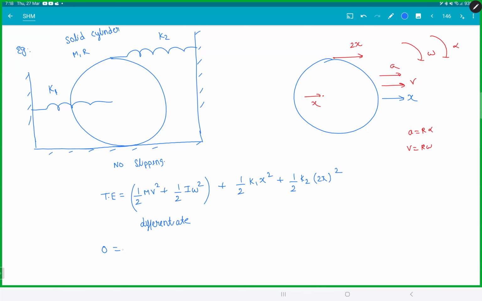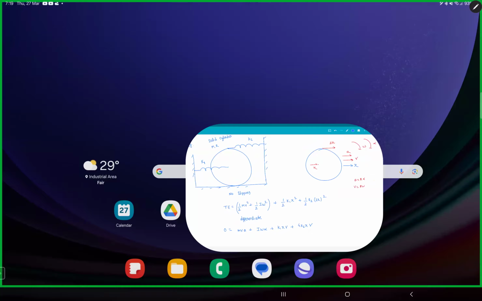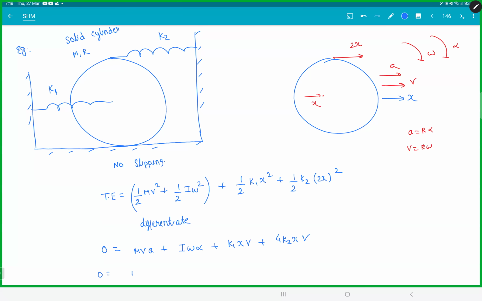The left hand side will be 0. This will become mv dv by dt, which is acceleration. I'm skipping steps now. Omega square differentiates to 2 omega, so that will be I omega d omega by dt, which is alpha. This is k1 x dx by dt, which is velocity. That would be 4, right? 2 k2 times 2, so 4 k2 x v. And what is I? I is nothing but mr square by 2. So one r will go with omega, one r will go with alpha.